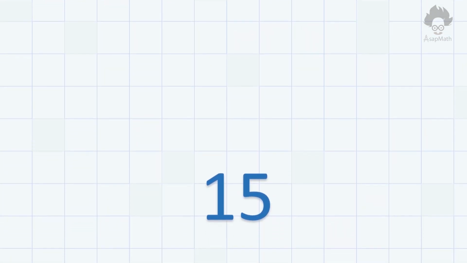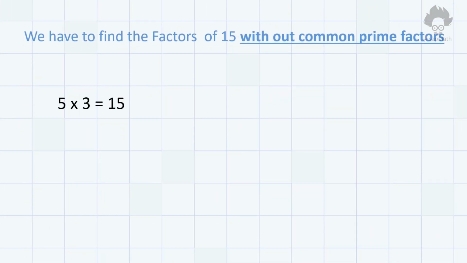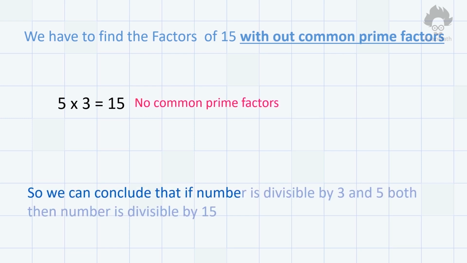Moving on to 15. Here factors to be considered are 5 and 3. So if a number is divisible by 3 and 5 both, then it is divisible by 15.